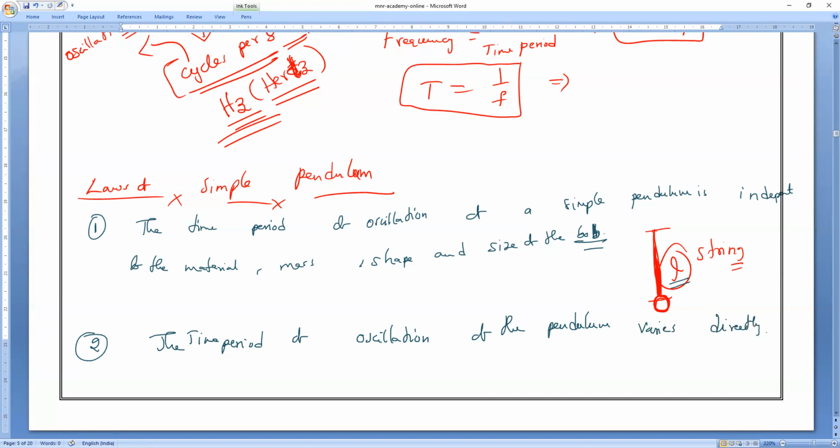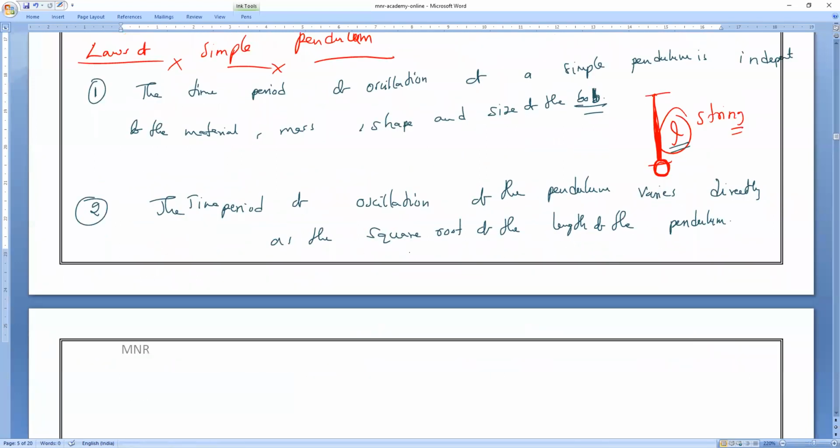as the square root of the length of the pendulum. Length of the pendulum means the string length. So can you tell me what is the relation from the statement?